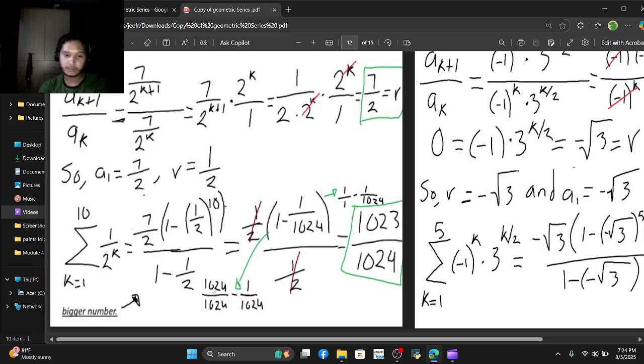So 1024 minus 1, this 1024 is a bigger number, so it will be positive. This equals kind of like 0.9. So the total sum will be kind of like 1.